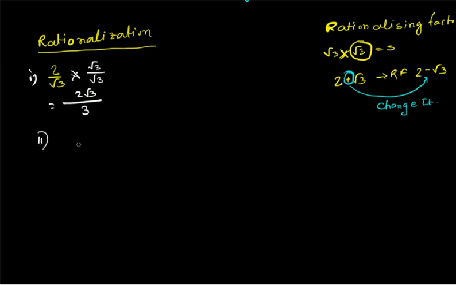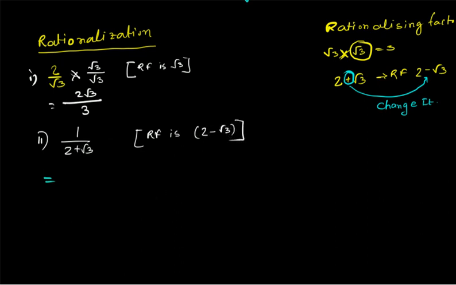Say we have 1 by 2 plus root 3. So the rationalizing factor is 2 minus root 3. So you have to multiply the numerator and denominator both by the rationalizing factor.